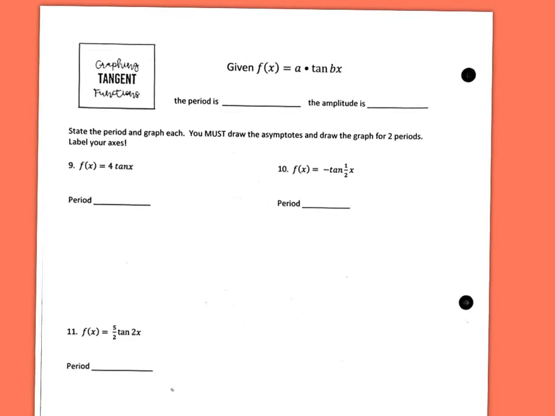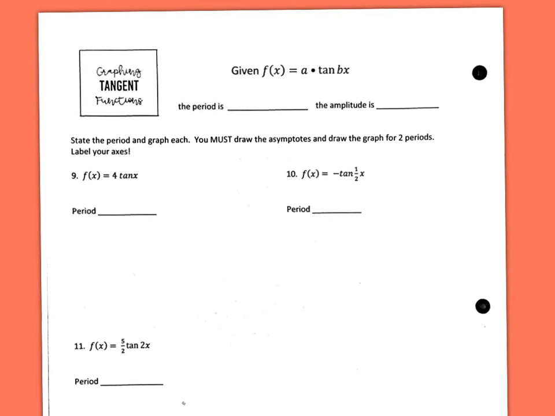Now let's do some tangent. Quick reminder, period is pi over b, and it's really absolute value because we always want it to be positive. The amplitude is there isn't one. No matter what there is out there, it's undefined. So if you notice, you're not even asked for it.